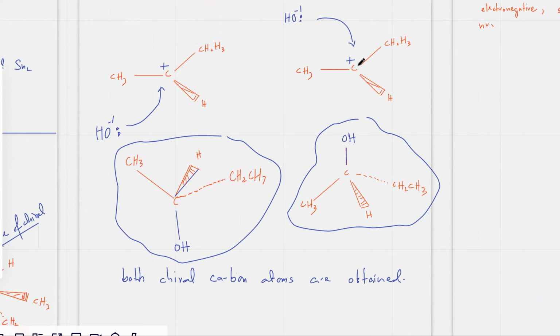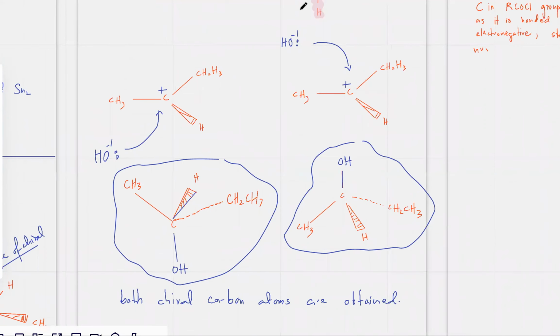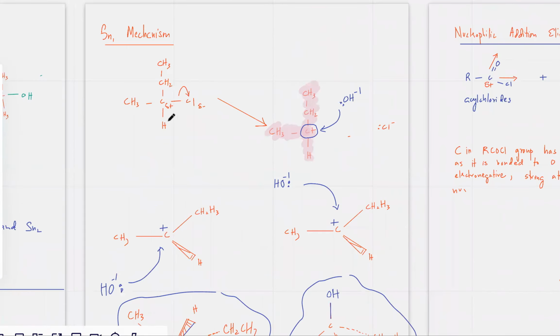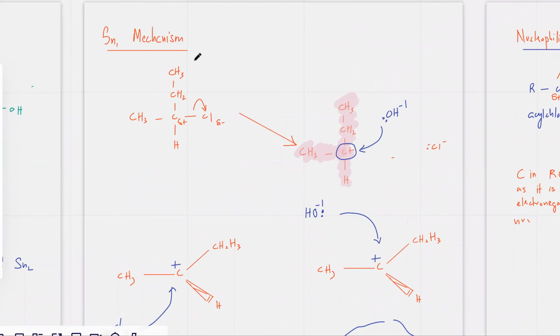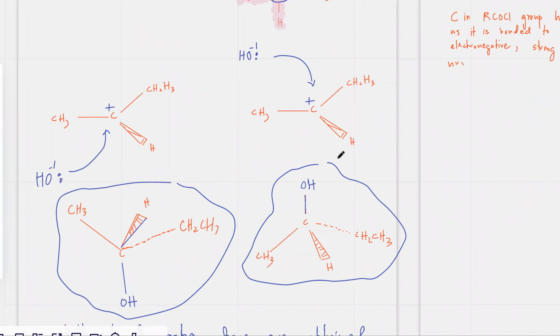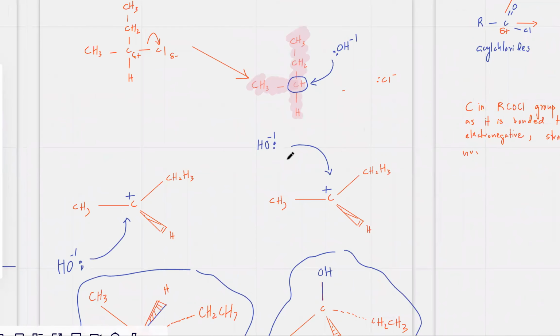And a fan is a planar molecule. So the OH minus 1 has two ways that it can attack. One is from the top, and the other one is at the bottom. Remember, in the SN1 mechanism, the Cl goes away first, and the OH minus 1 comes in later. Which is why the carbocation intermediate is always fan-shaped.